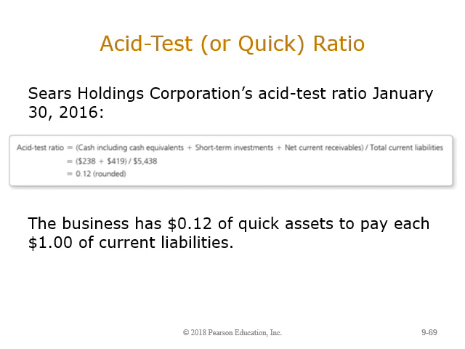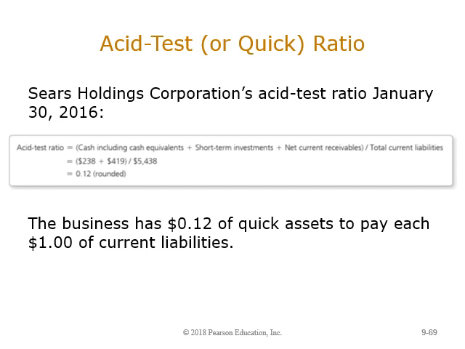So in this case, we're going to look at this for Sears Holding Corporation, and we're going to look at their acid test ratio. We take all of our cash and cash equivalents plus our short-term investments plus our net current receivables, and we divide it by our current liabilities. With that, we get 0.12, and this is rounded.